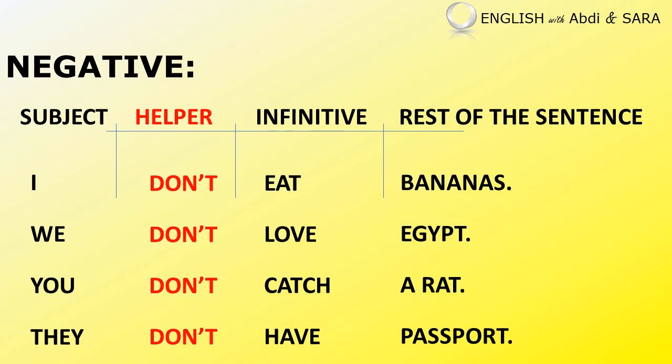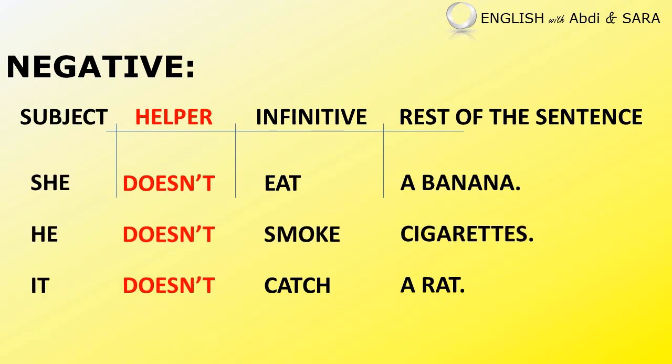You don't catch a rat. They don't have passports. She doesn't eat a banana. He doesn't smoke cigarettes. It doesn't catch a rat.